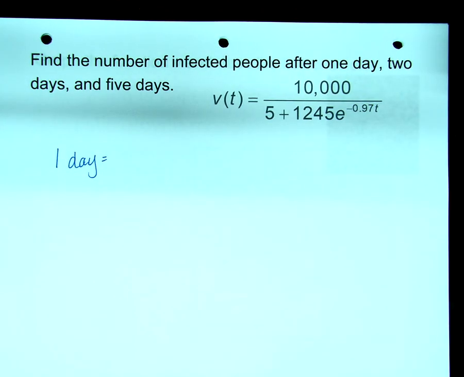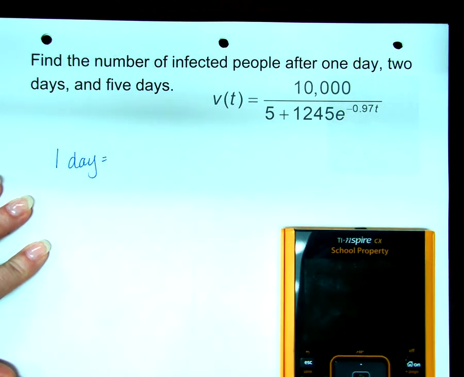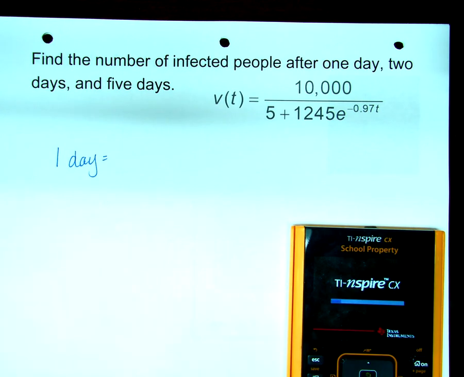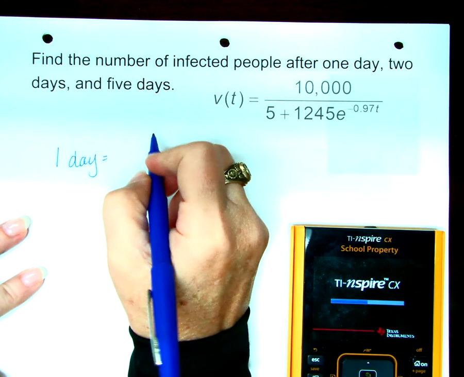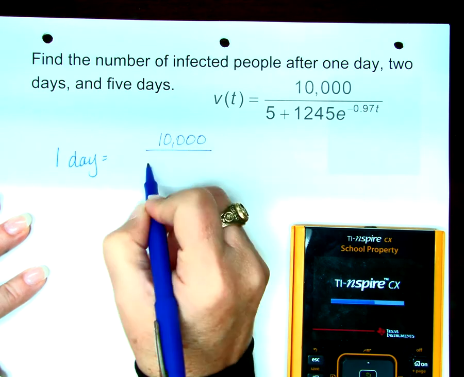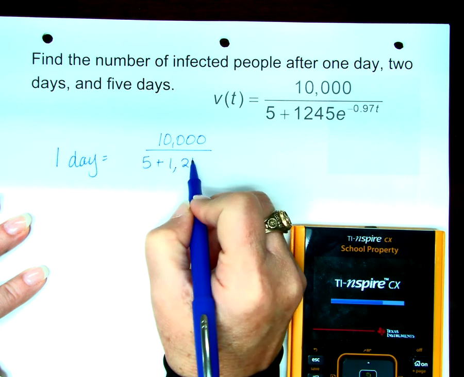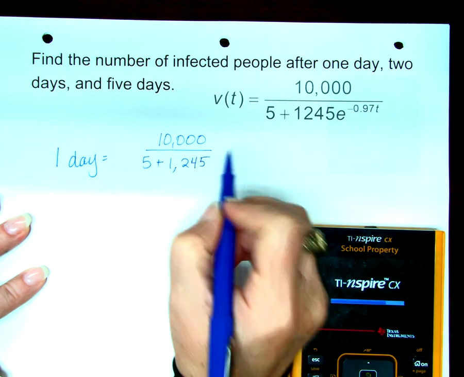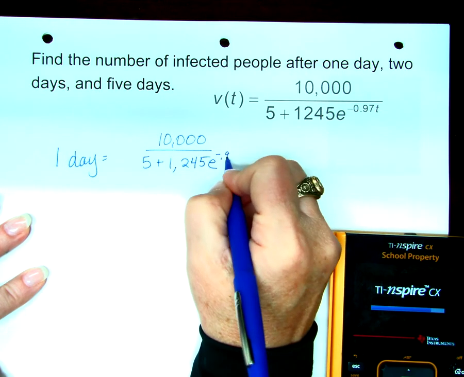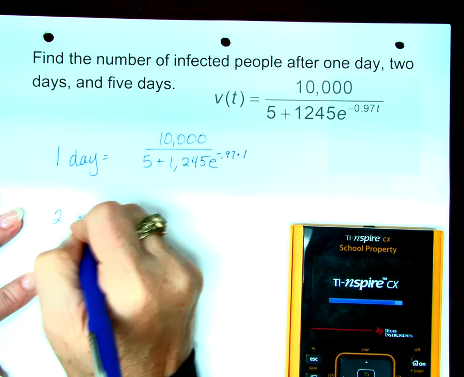So I would use my calculator. I put it where hopefully you can see it. Turn it on. Okay, it'll take a minute. So I'll go ahead and fill everything in that I know. 10,000 over 5 plus 1245 e to the negative 0.97 times 1. Okay, I'll put that in just a second.